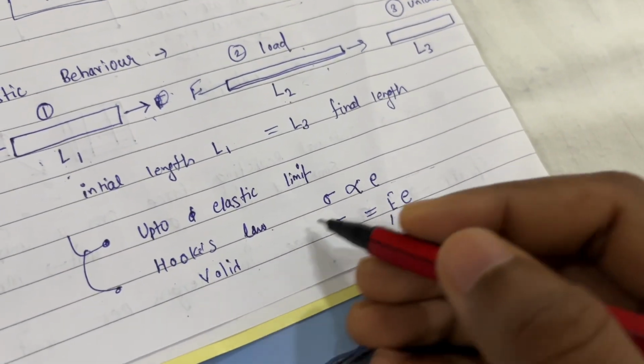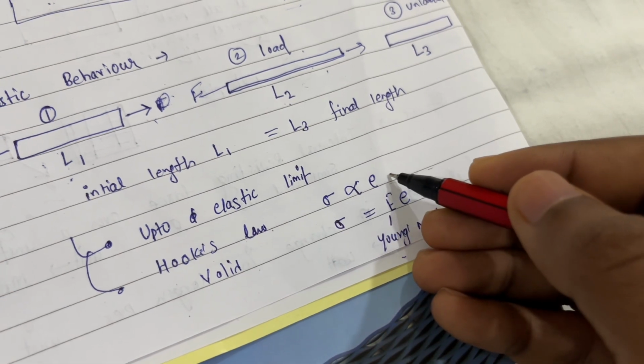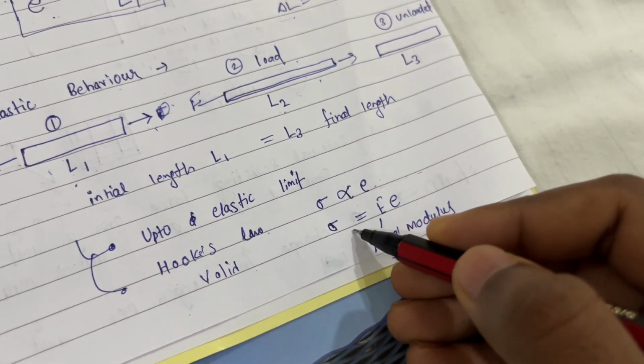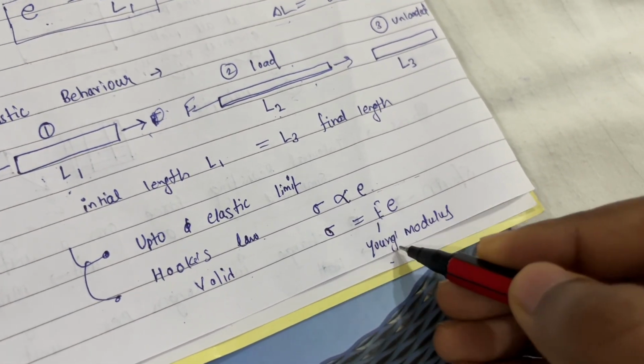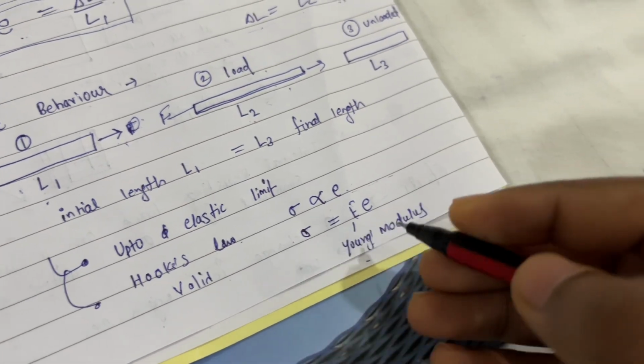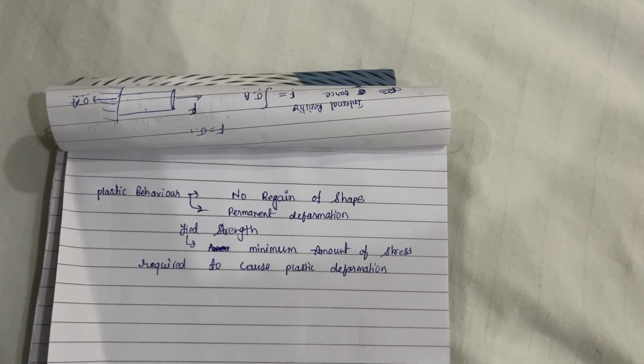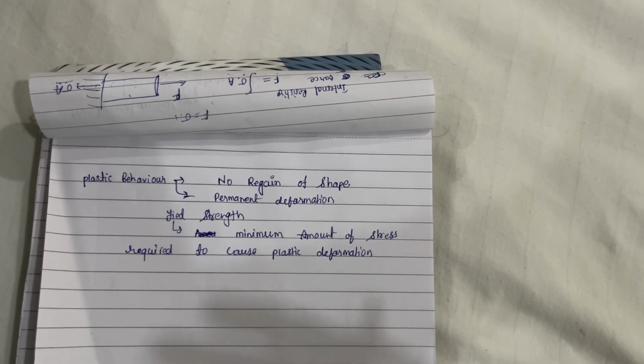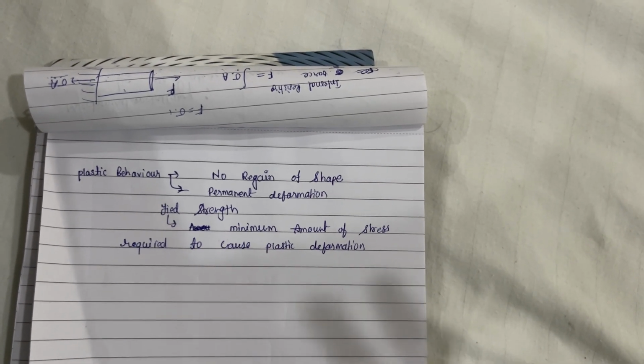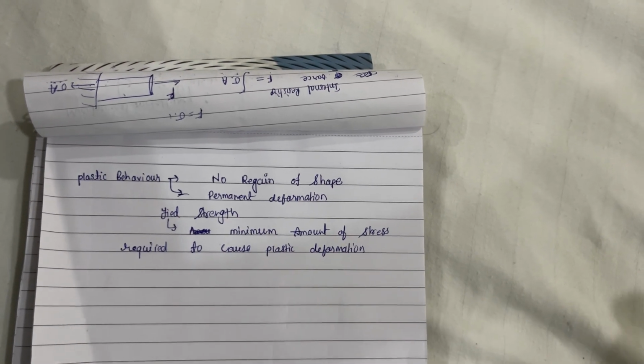What Hooke's law says is that stress is proportional to strain, and here the proportionality constant is Young's modulus. Young's modulus is also called the stiffness. But in the case of plastic behavior, the material does not regain its original shape. Therefore, we also call it permanent deformation.